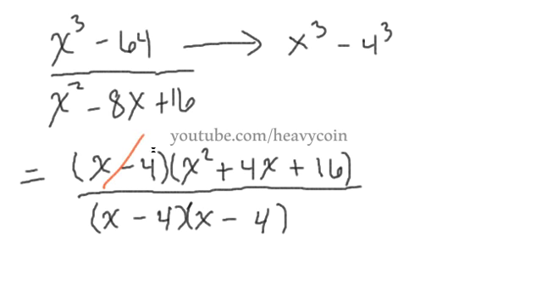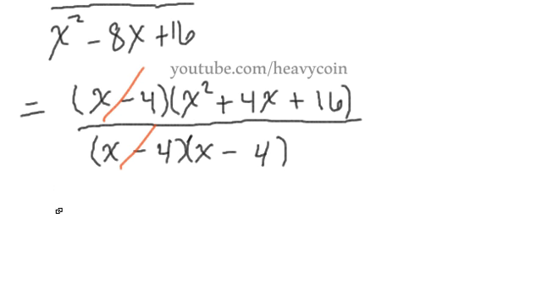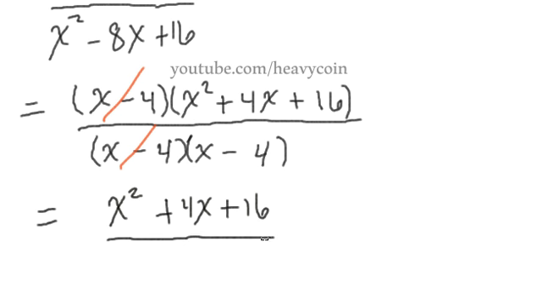And so we have an x minus 4 in the numerator, and x minus 4 in the denominator, and so now we can cancel and rewrite, and so this becomes x squared plus 4x plus 16, all over x minus 4. So that has now been reduced completely down. So hopefully you got that.